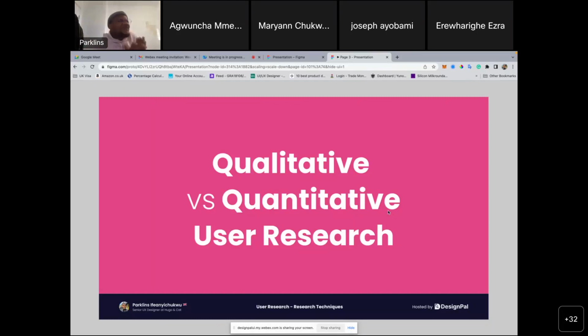Now, the qualitative research helps you understand why Parklands goes to school by bus and comes back by train, right? Qualitative research helps you understand the why. Why does Parklands do the things that he does? Quantitative research helps you understand what are the things that this user does, what are the activities of these users, what they engage in, and how much they engage in those things.